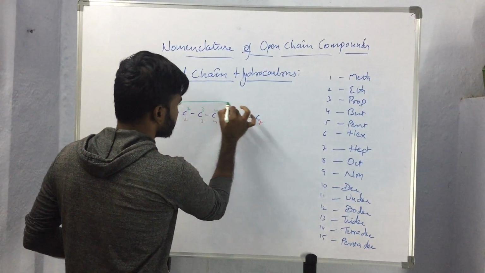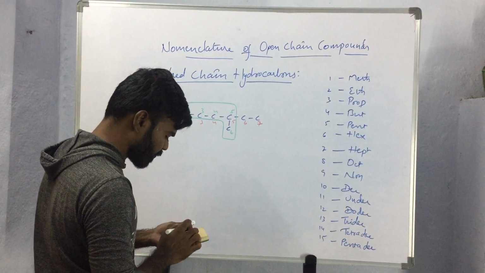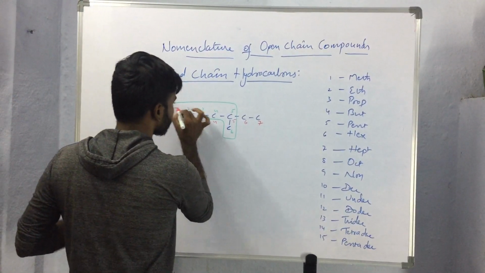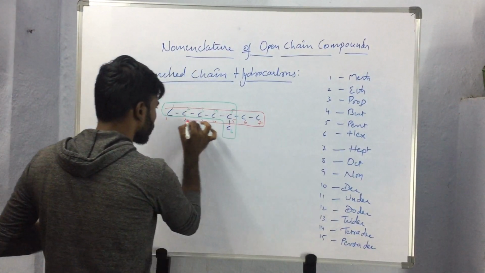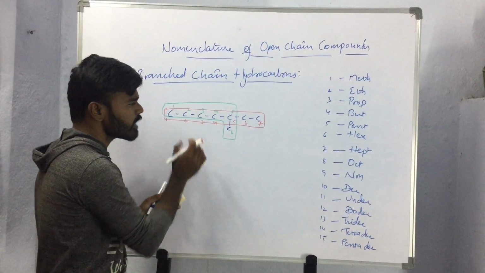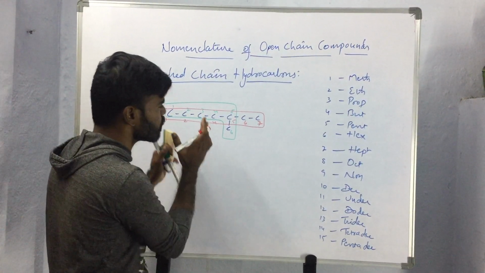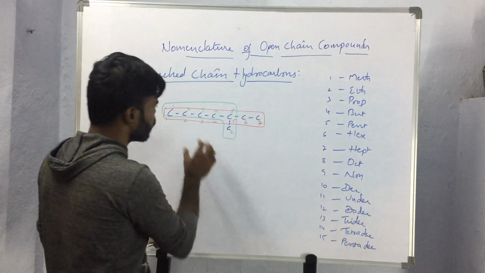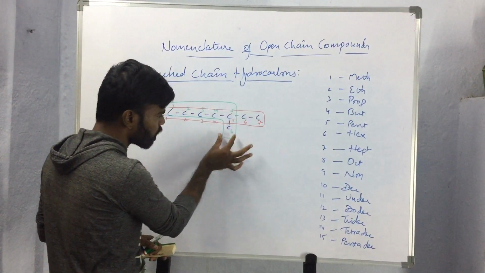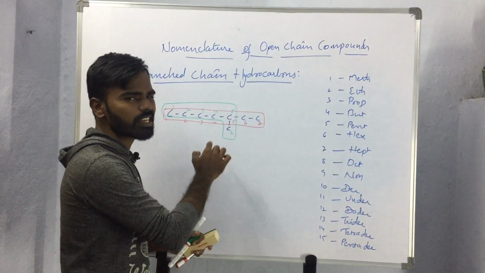Among these two possibilities, to select the parent chain, we have to keep in mind that we select the longest possible continuous chain. Here we have two continuous chains. In one continuous chain we have 6 carbon atoms, and in another we have 7 carbon atoms.